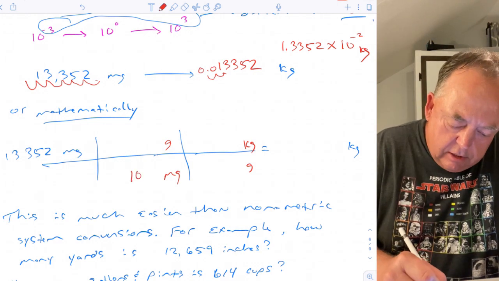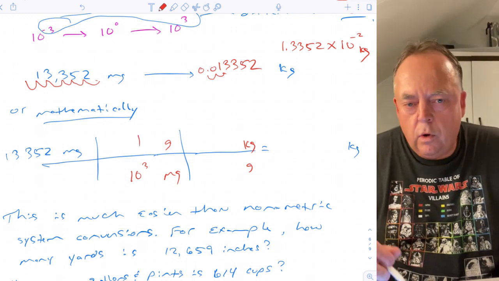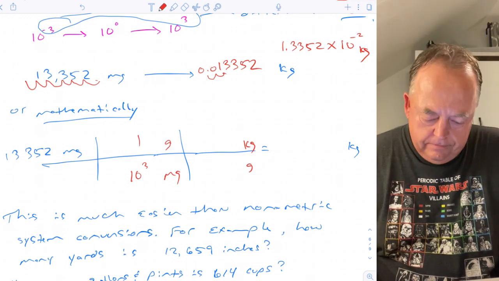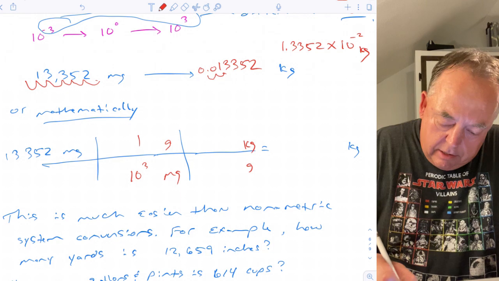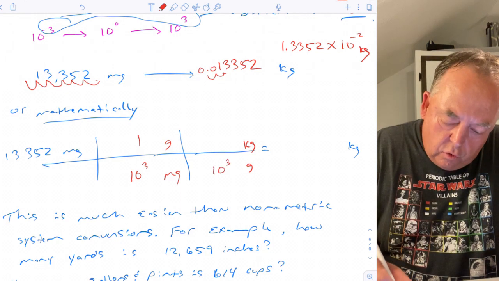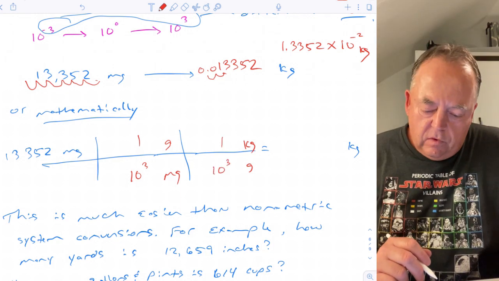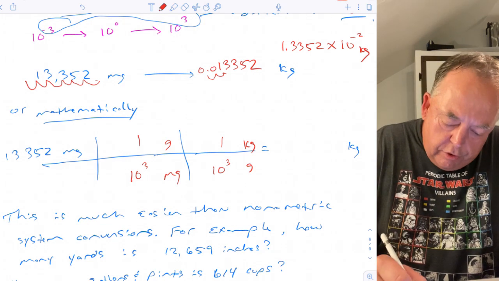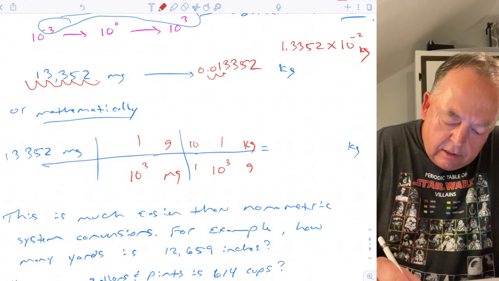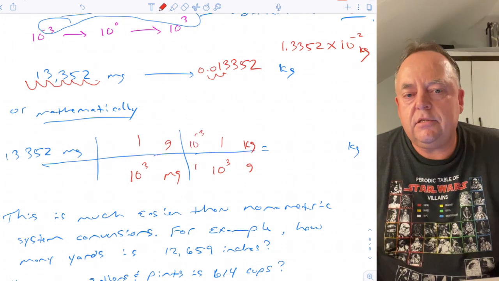Or you could say there's 10 to the positive 3 milligrams, 1,000 milligrams in 1 gram. And then there's 1,000 grams in 1 kilogram, right? So you could do that, or you could say there's 1 gram and 10 to the minus 3 kilograms. The math is the same.